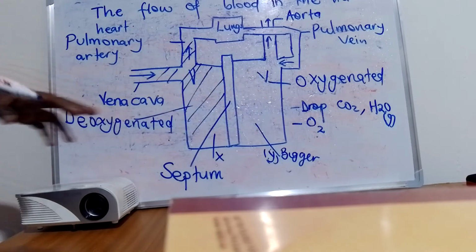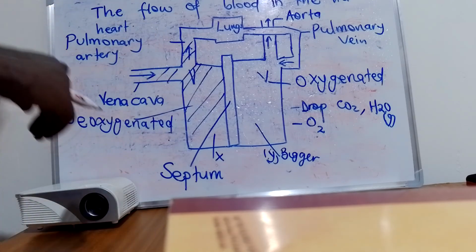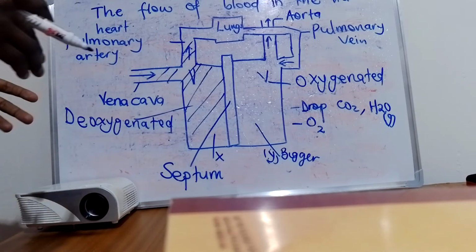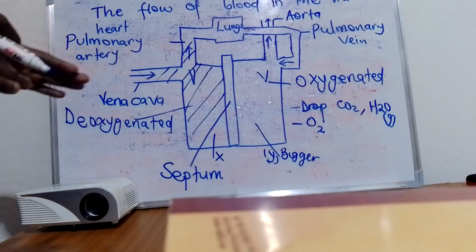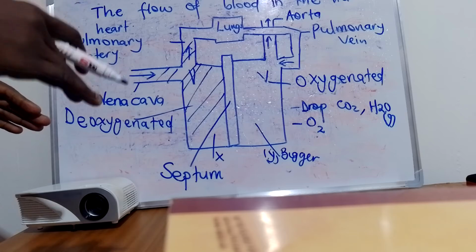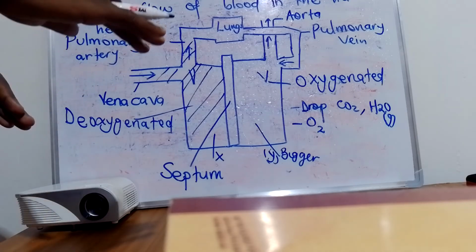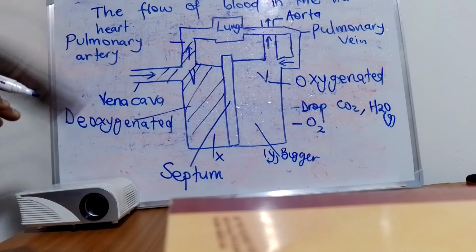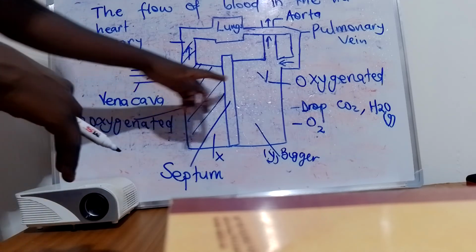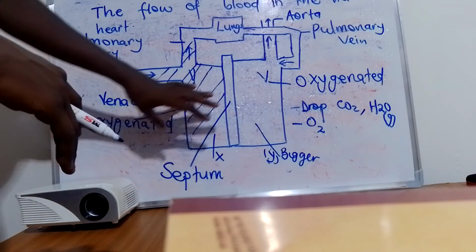These valves are meant to prevent the backflow of blood, because when the heart is pumping, it has some rests. It pumps and rests. So during the rest, blood should not flow backwards. Then from where it has rested, it is pumped ahead. So that's the function of these valves, the bicuspid and tricuspid.